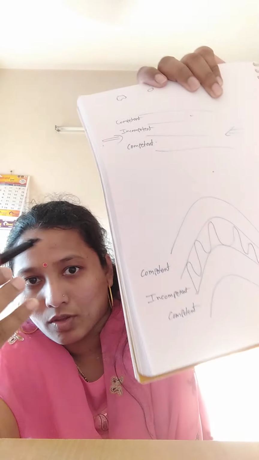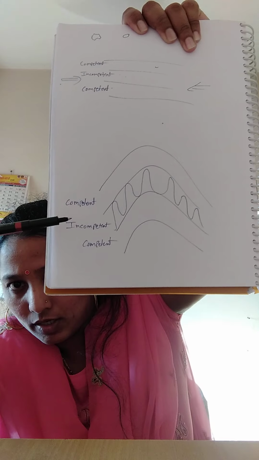In between, what is it that we have? Incompetent rock. And above and below, competent rock. Okay. See, we have competent and incompetent rock.